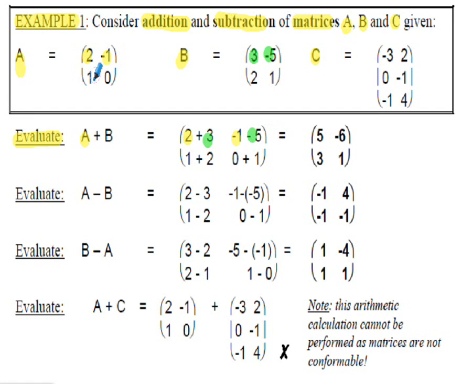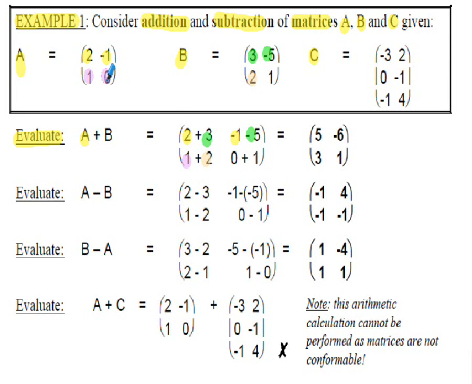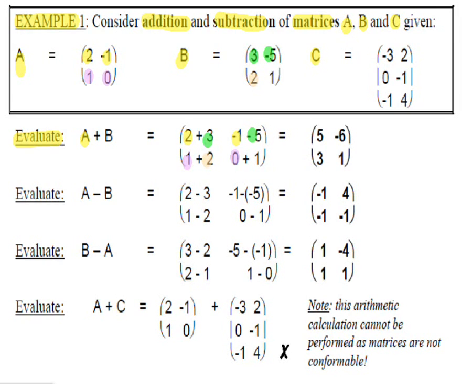Matrix A, in the second row, first column, we have 1, matrix B, in the second row, first column, we have 2, so 1 add 2. Matrix A, second row, second column, we have 0. And matrix B, second row, second column, we have 1.